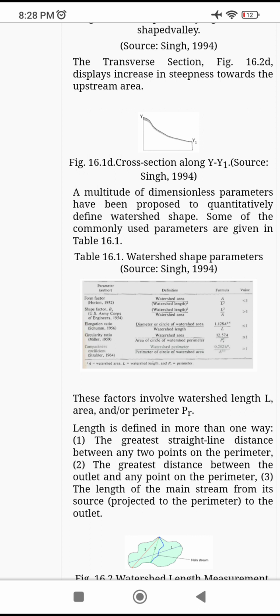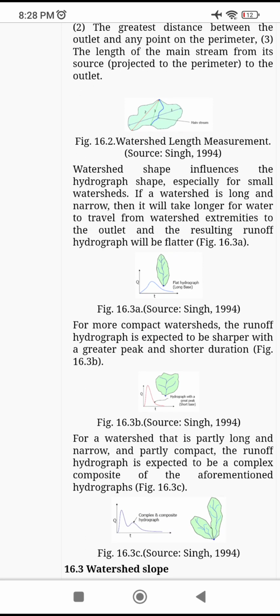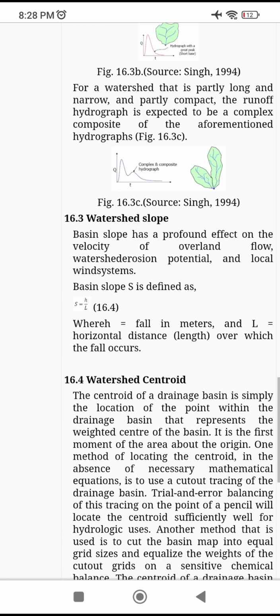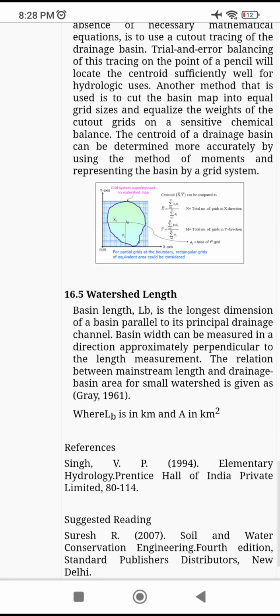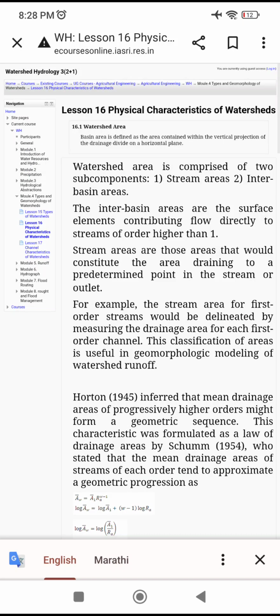Then compactness coefficient, watershed perimeter divided by perimeter of circle of watershed area. Now watershed slope, basin slope is defined by H by L. Then watershed centroid, watershed length. Watershed length is expressed in kilometers and area is in square kilometers.